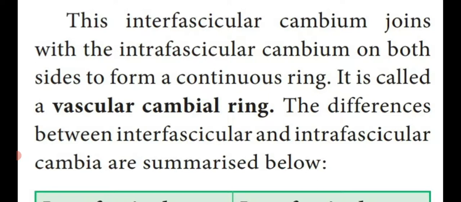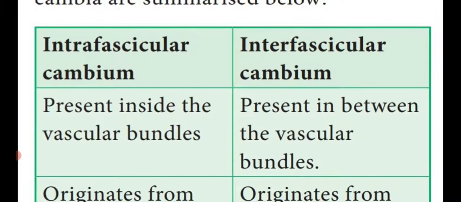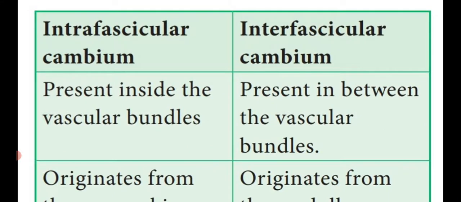Both the interfascicular cambium and intrafascicular cambium show certain differences. The difference between the two types of cambium is an important 3-mark question. First one, intrafascicular cambium. Second column is interfascicular cambium.